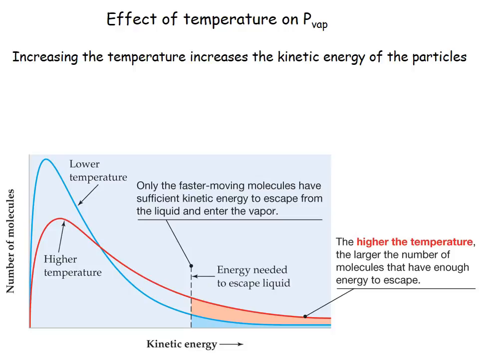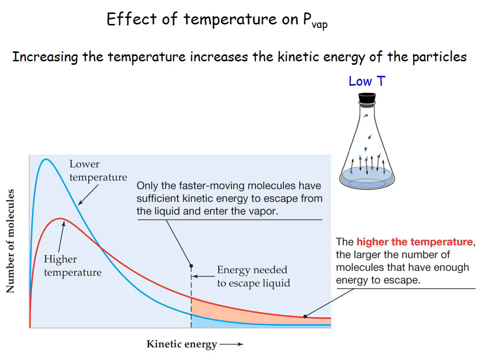So we've seen the effect that increasing temperature has on the kinetic energy of the particles. And now if we think about it along with our Erlenmeyer flask representation with our molecule glasses on, then at low temperature, say room temperature, you'll have a certain number of molecules in the gas phase above the liquid.